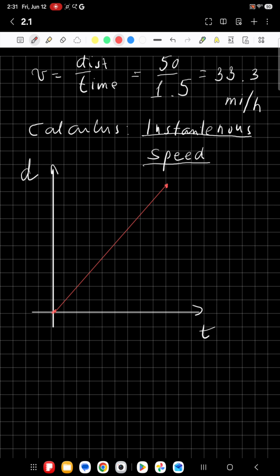Then we can put this 1.5 hours over here, and then the distance of 50 miles would be here. Right, and to figure out that speed, you could do what we just did. Speed would be the slope of that line, right? So that point is 0, 0, and this point is 1.5, 50.